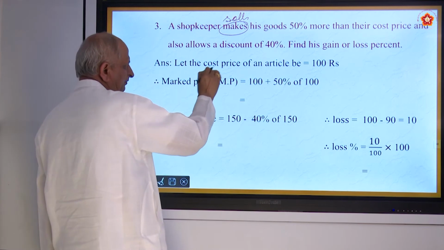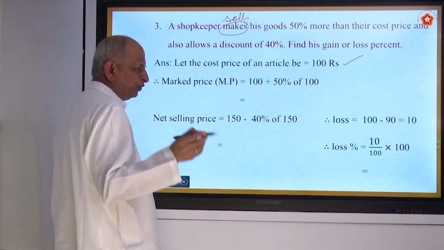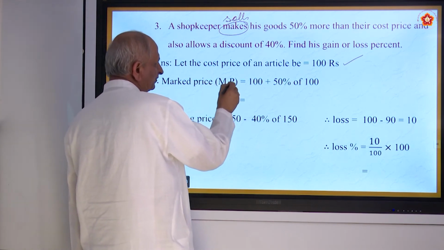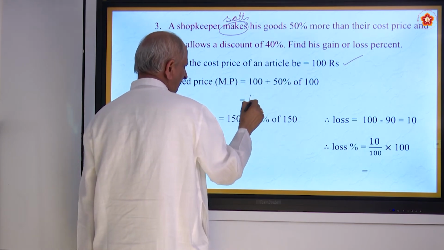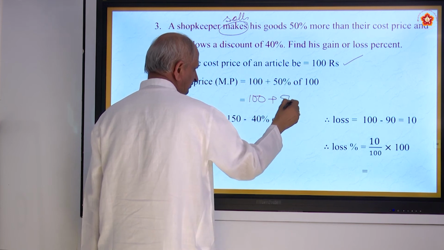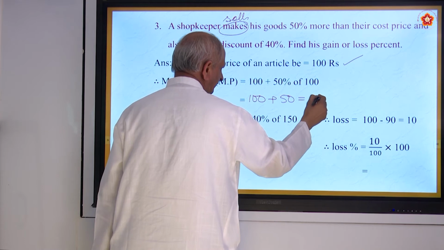So let the cost price of the article be 100 rupees. Always when you don't know the cost price, you take it as 100. Then the market price becomes 50% more. So 100 plus 50% of 100, means how much? 50 only. That is 150 rupees.